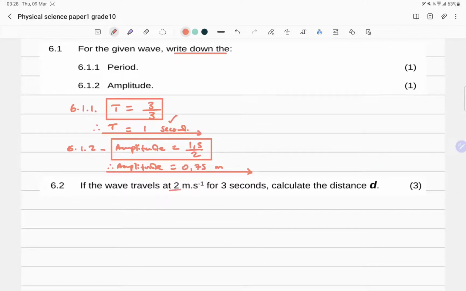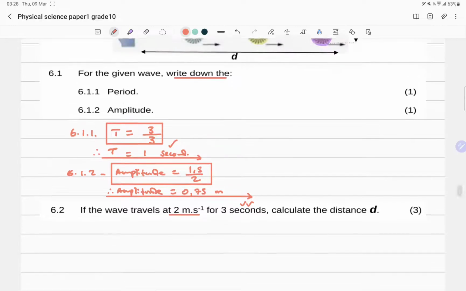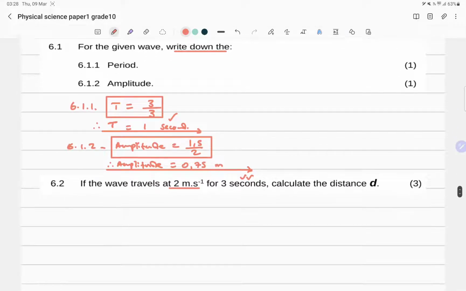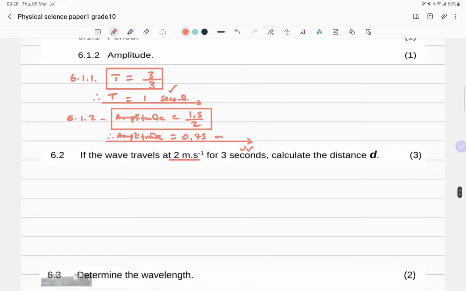If the wave travels at 2 meters per second for 3 seconds, so this is a different question, calculate the distance d. No problem. So remember the general wave equation says the speed v is equal to frequency multiplied by wavelength.